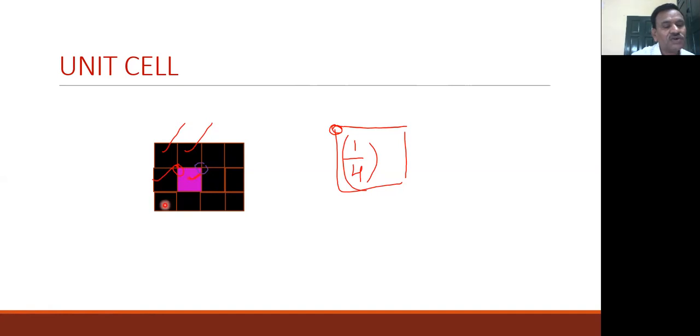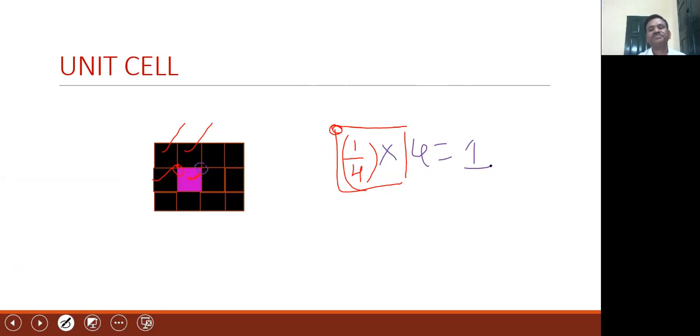Like that, 1/4 into 4, equal to what? 1. That means in any primitive cell, the number of lattice points is equal to 1 only.